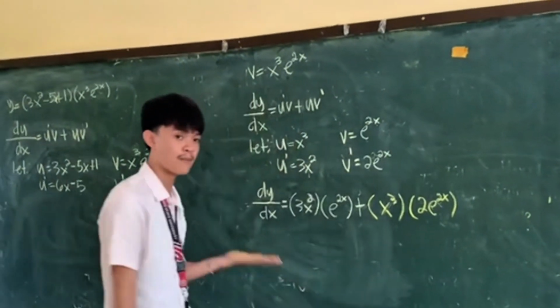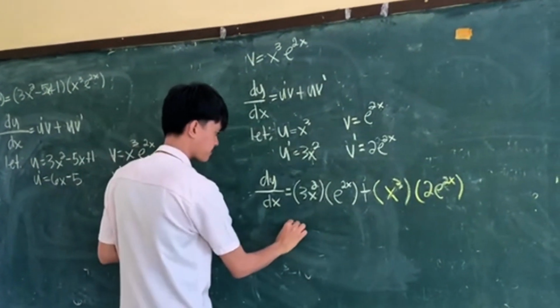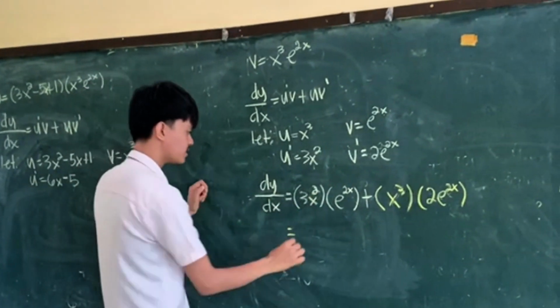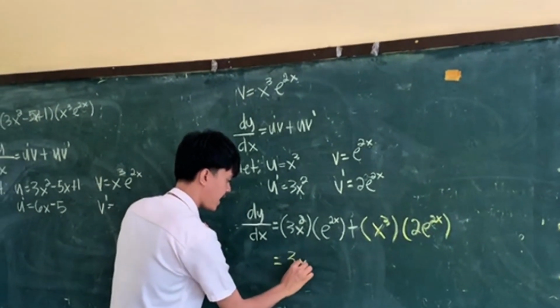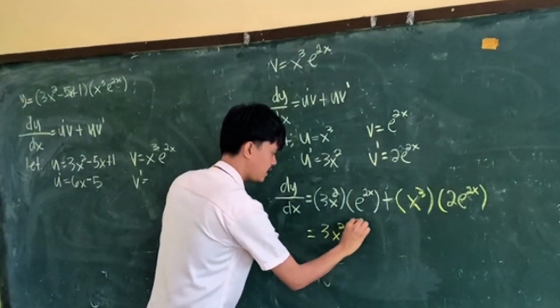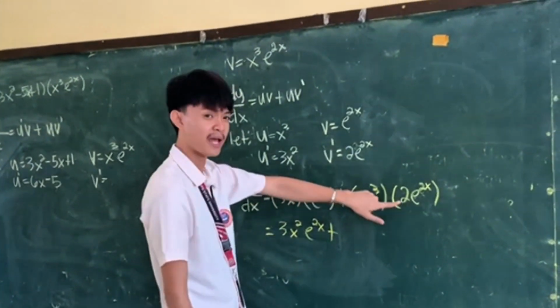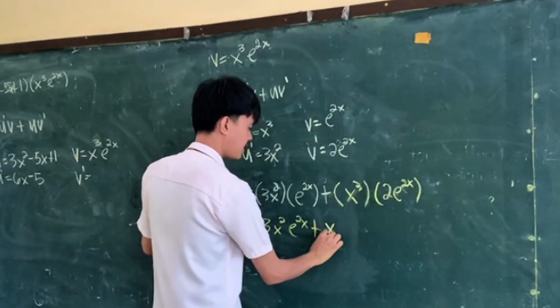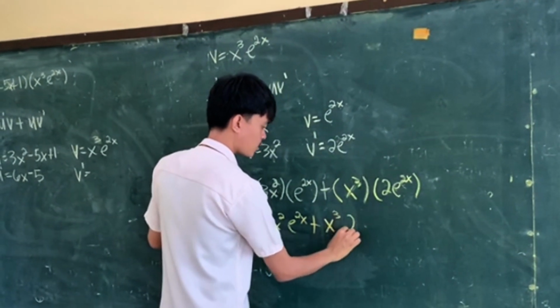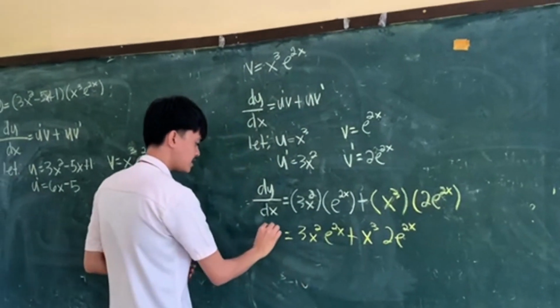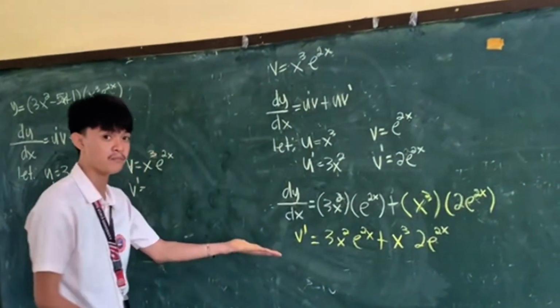Now, let's just simplify this one. 3x squared times e to the 2x is just equal to 3x squared e to the 2x plus, multiply this one, also copy this, x cubed times 2e to the 2x. Now, this is the value of our v prime.